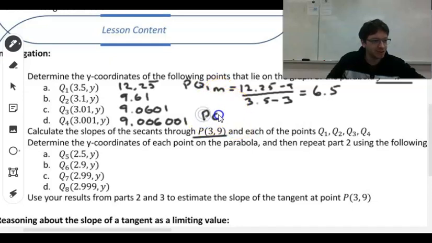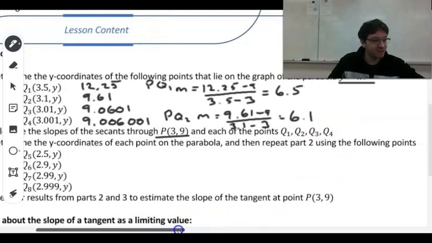For PQ2, our slope will be the difference in our y coordinates, 9.61 minus 9, over the difference in our x coordinates, which would be 3.1 and 3. And we get 6.1.